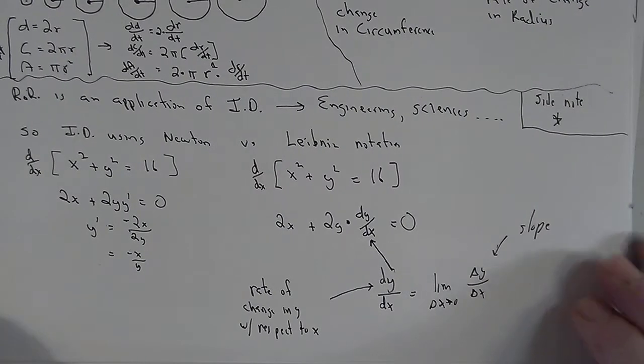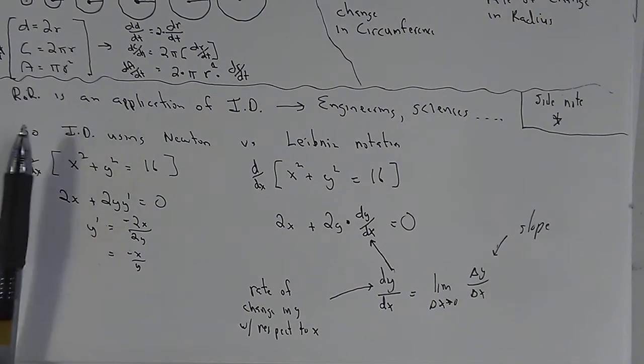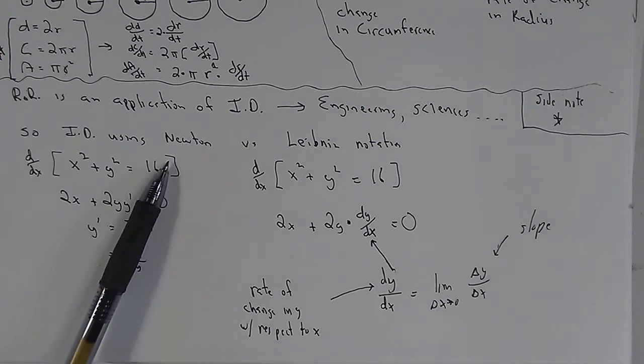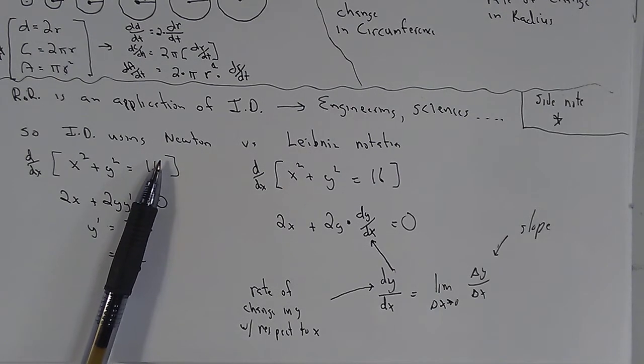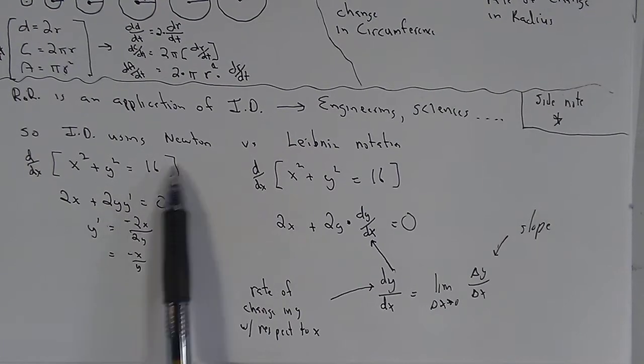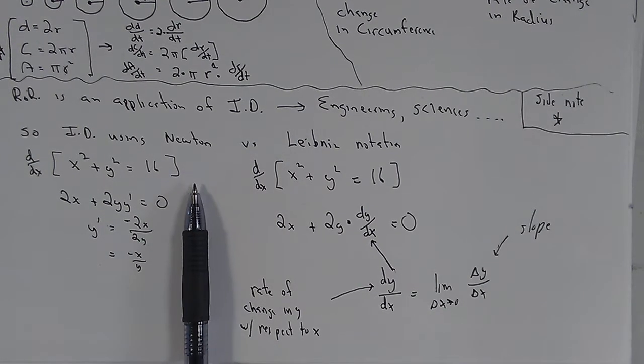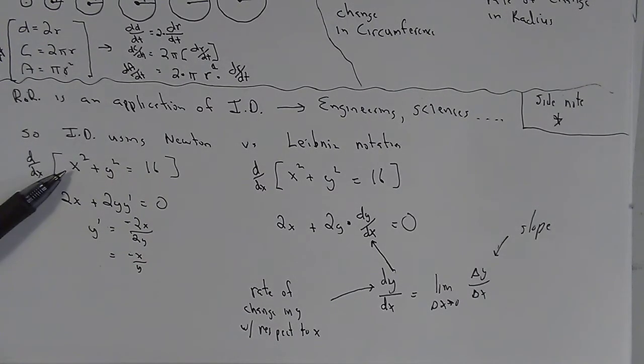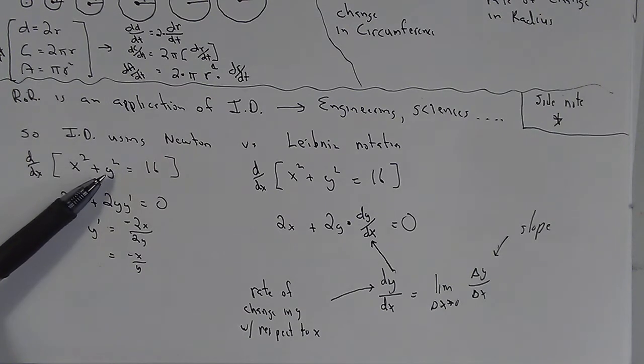Okay, so related rates are applications of implicit differentiation. If we were to do implicit differentiation using Newton's notation, take the circle that we know, take its derivative with respect to the variable x. 2x. This y is a function of x.